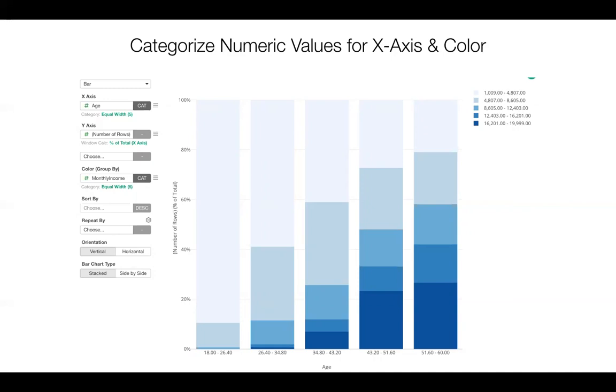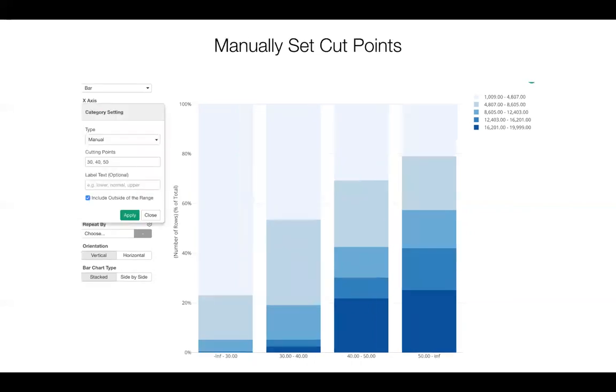And I'm also using the binning for the color, so you can see where the high income people are, what age, and that kind of stuff. And then sometimes, especially for age, I don't want the system to give me the cut points. I want to set the cut points, like 30 years old, 40 years old, 50 years old. You can set that as well. And then you can even give it a label name if you like.